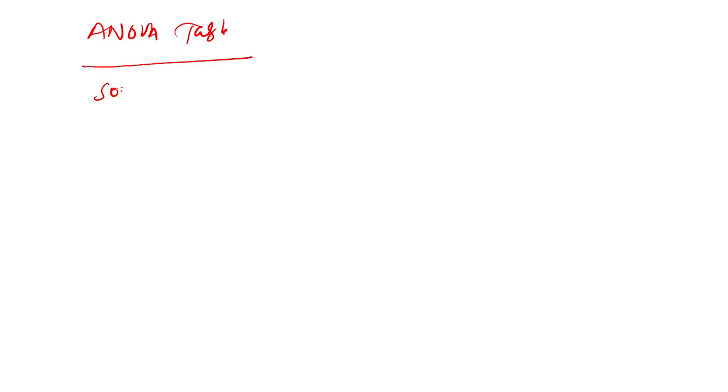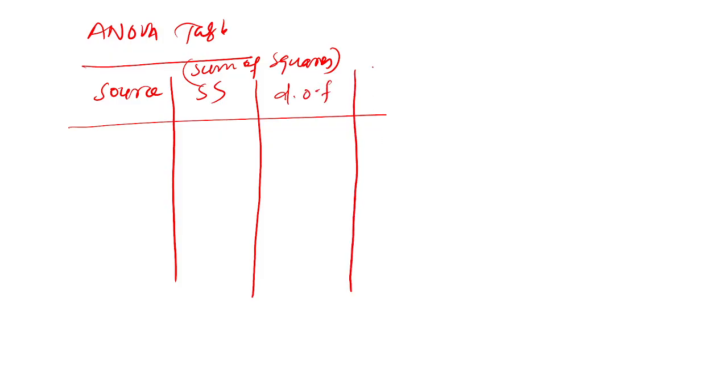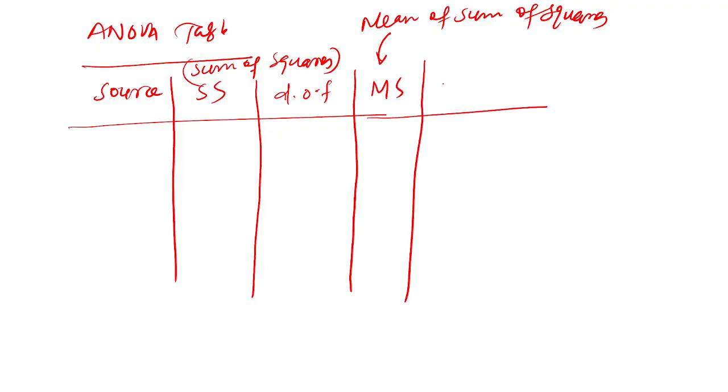First will be the source, then the SS, sum of squares, then the degree of freedom, then MS, which means mean sum of squares, then we have the F statistic or F value.